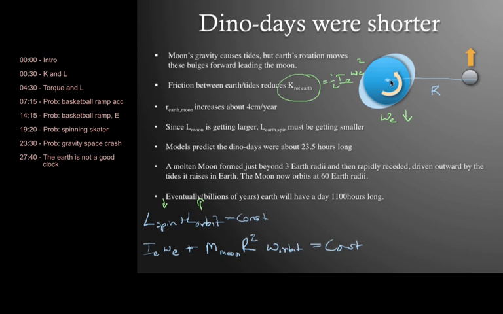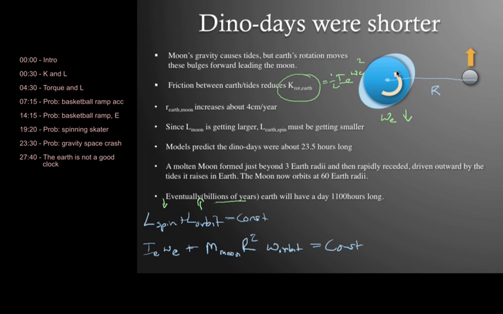So what this is telling us is that over time, and over a very, very long time, the moon is moving away from us. So we can think about, when is a system going to stop changing, and this is going to happen billions of years from now.